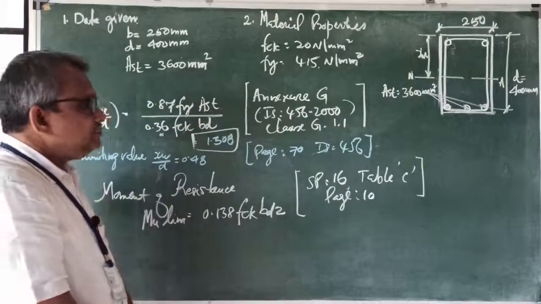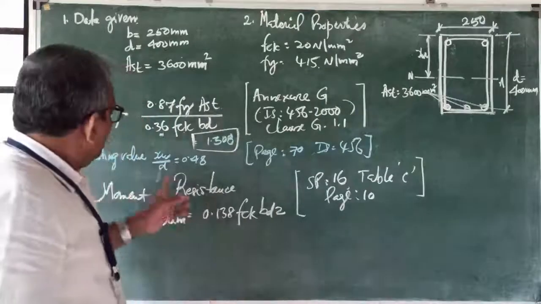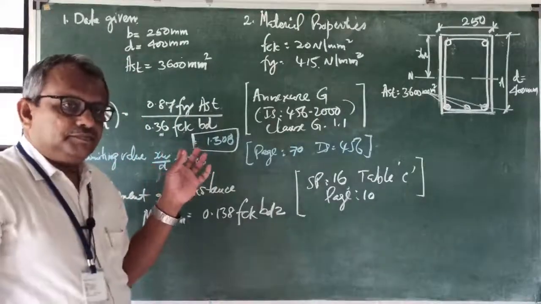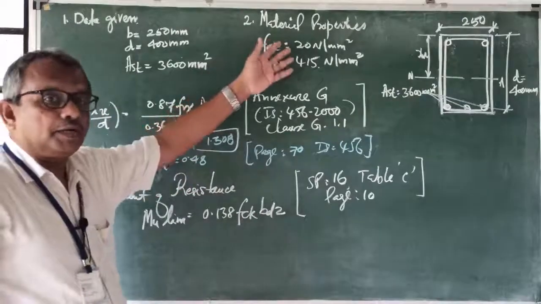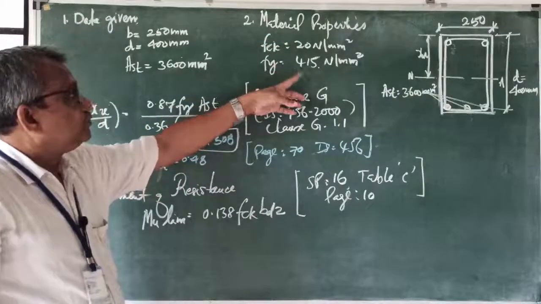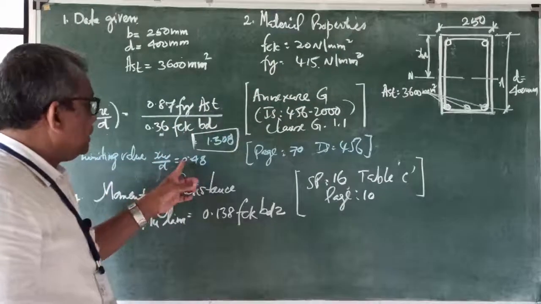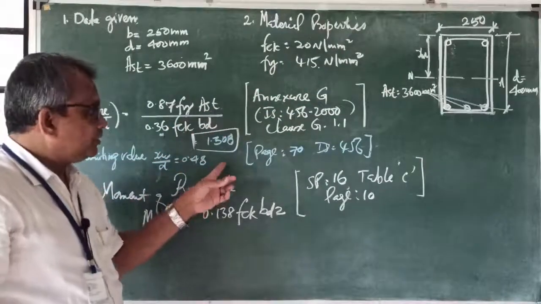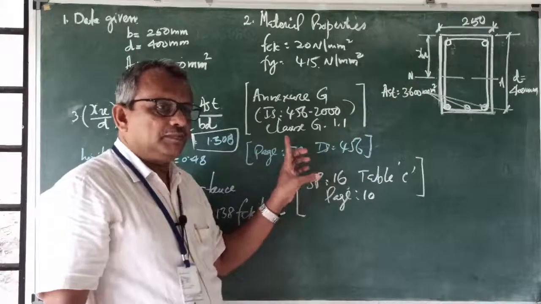Now, as per the relevant codes, there is a limiting value for this ratio for this particular property of the steel, Fe415. What is the limiting value? That XU by D is equal to 0.48. That also you can refer in IS 456 on page 70. It is given. No need to memorize that value.